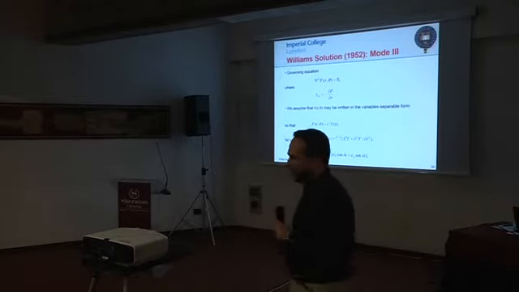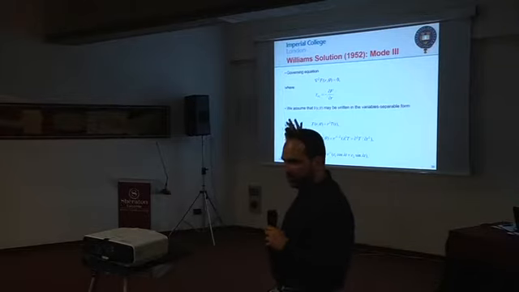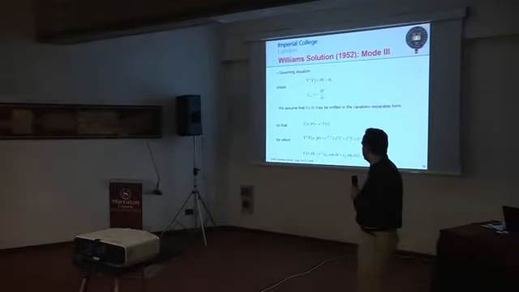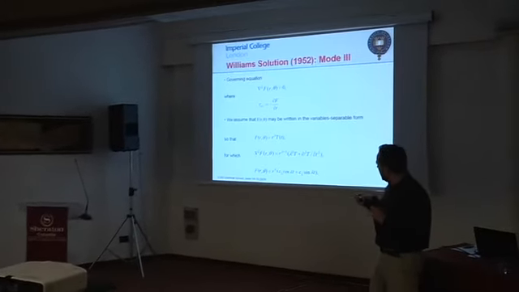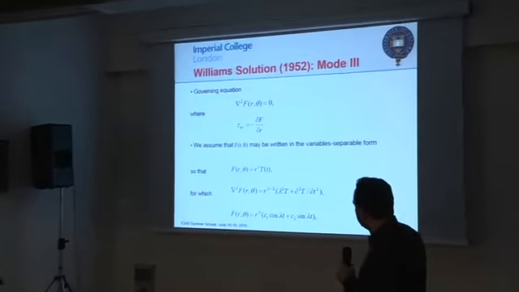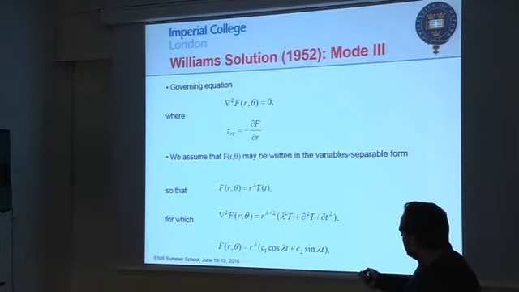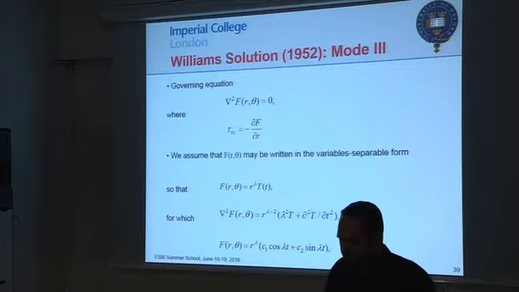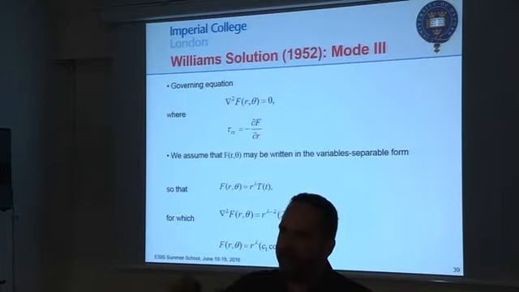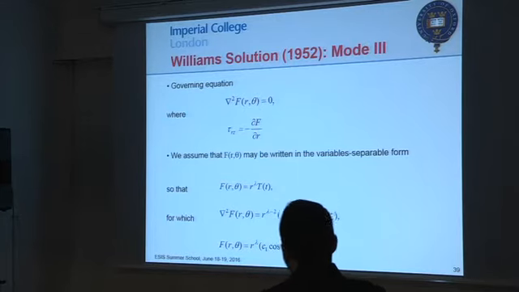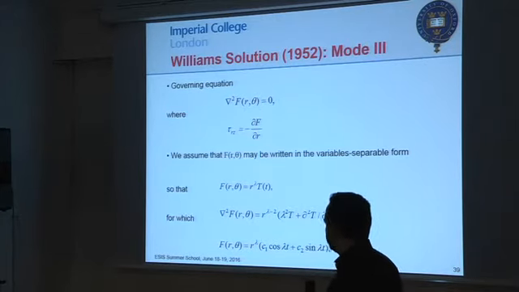And again, I'm not going to go very much into the maths, I'm just going to show it on the board. But you're solving a very similar problem. You have an equation which is similar to the biharmonic equation, although it's not biharmonic, it's actually simpler. Then you can write the shear stress in the out of plane direction, tau rz, as a derivative of the function that satisfies it.